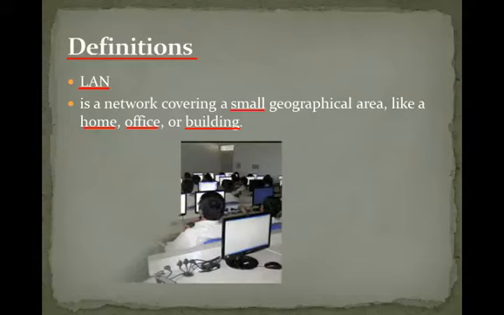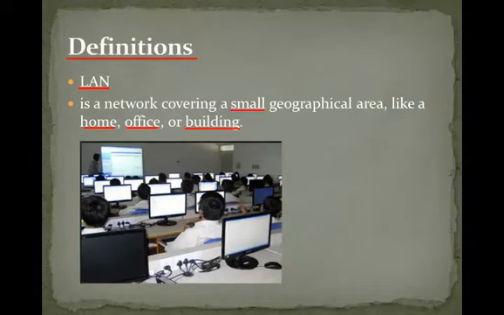Look, here is a room, something similar to a computer lab, and there are several machines, but these machines, all these computers, are within a room. Now, making a connection, any connection that makes these machines able to communicate, which is a network, that is local area network.